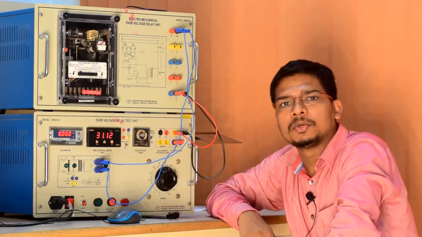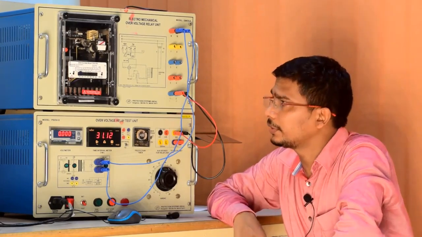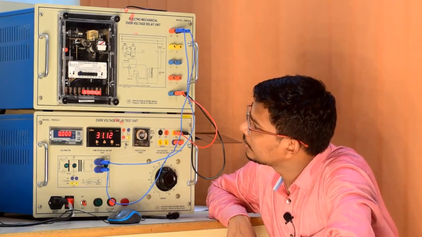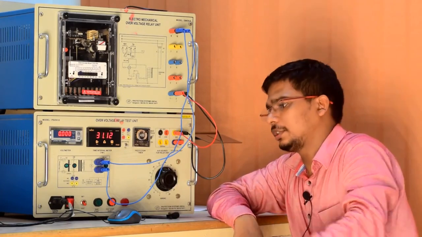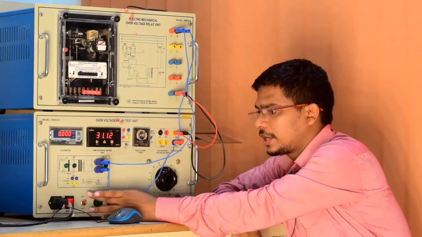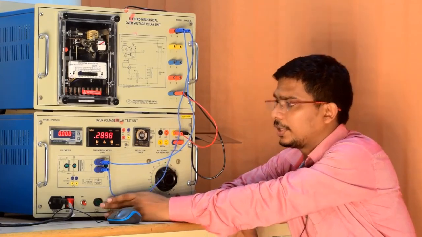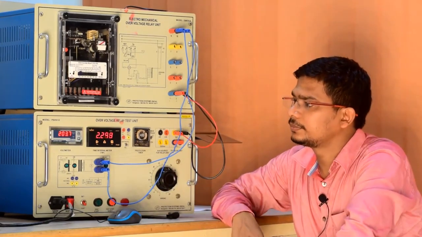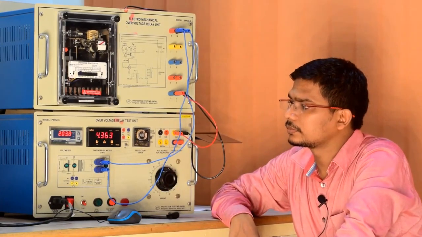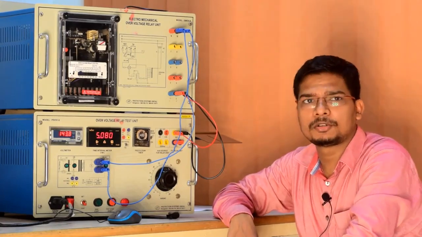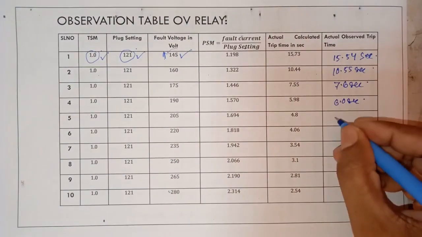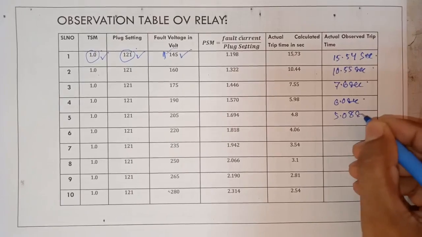This should come to home position. Till then you have to wait. Okay, it came to its home position. So test, then we have to apply the voltage. 5.08 seconds.